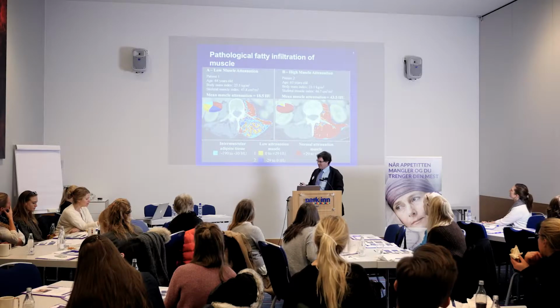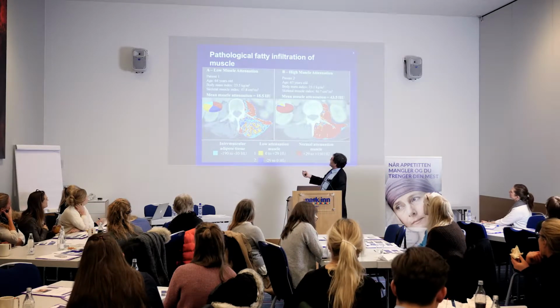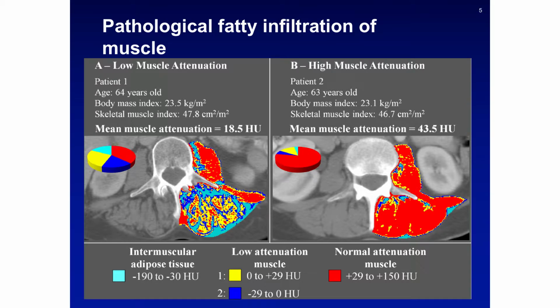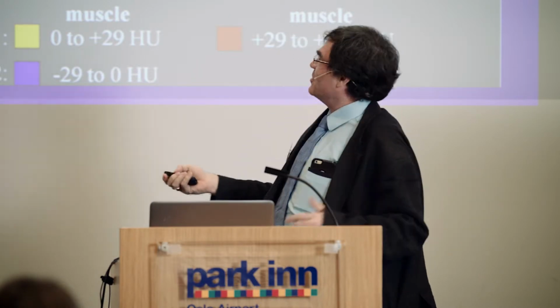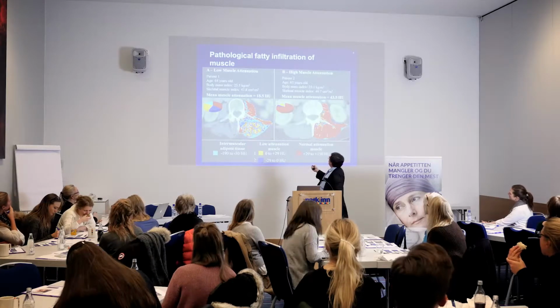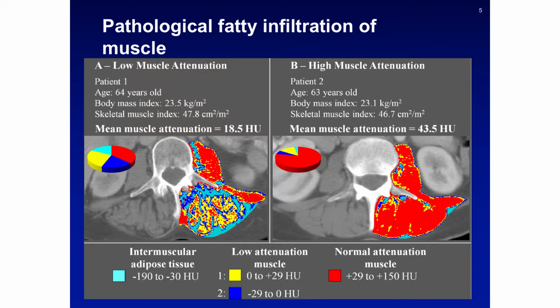What that means is this is what we consider bad muscle, in that there is a lot of fat infiltrating the muscle, and the X-ray density is 18.5 Hounsfield units. Hounsfield was the man who invented the CAT scanner, and they named the X-ray density of any tissue after him. This is considered bad muscle. This is considered good muscle. It's basically marbling, so the more fat that is in the muscle, the worse it is.